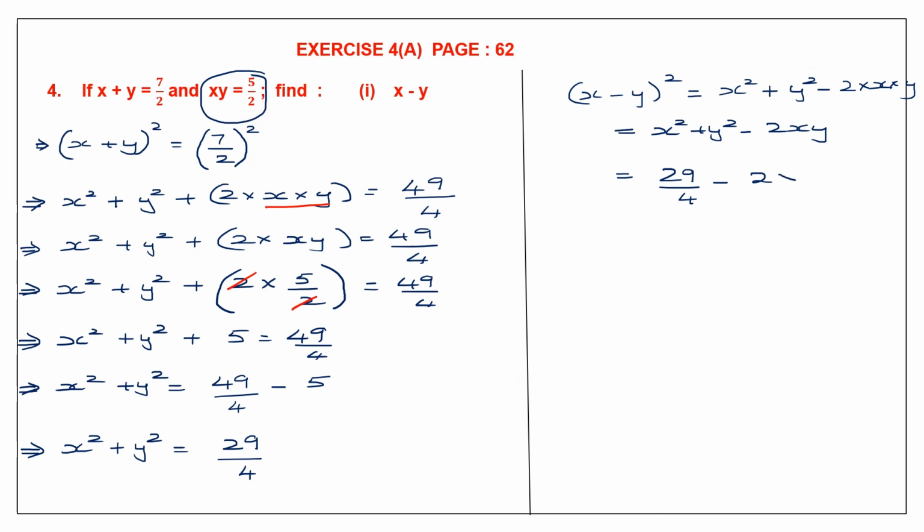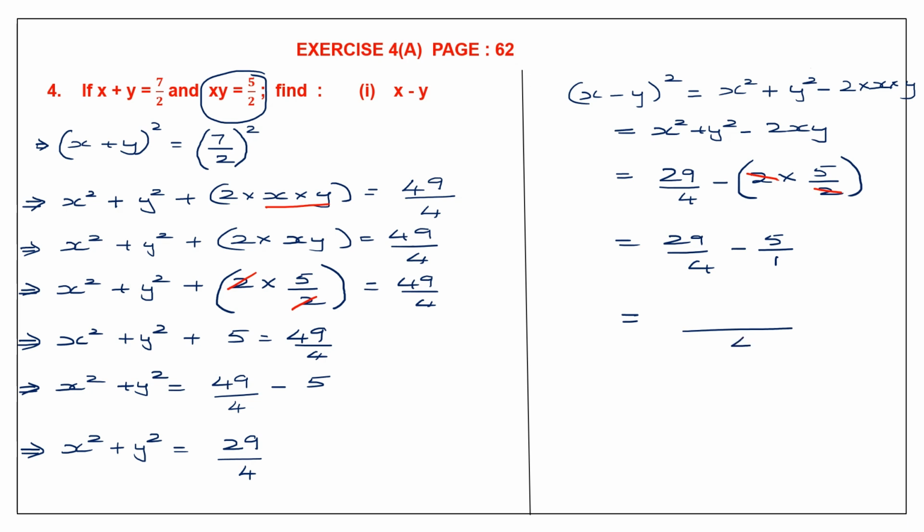So 2 into 5 by 2. Let's work it out. So this is 29 by 4 minus, now here we can cancel 2 and 2. Since it's multiplication, we can cancel it, so we just have 5 left. So this is 5 by 1.